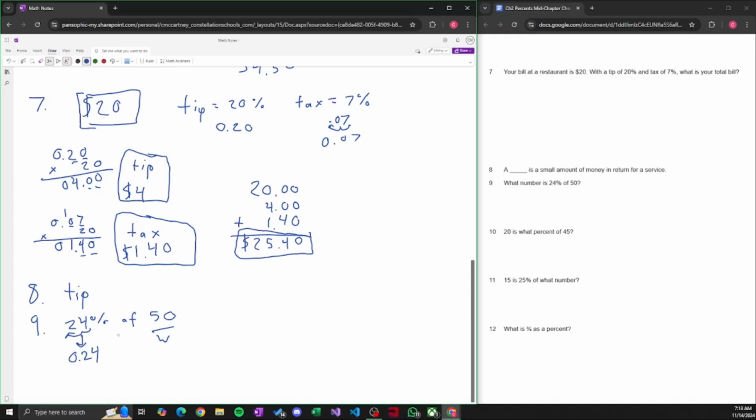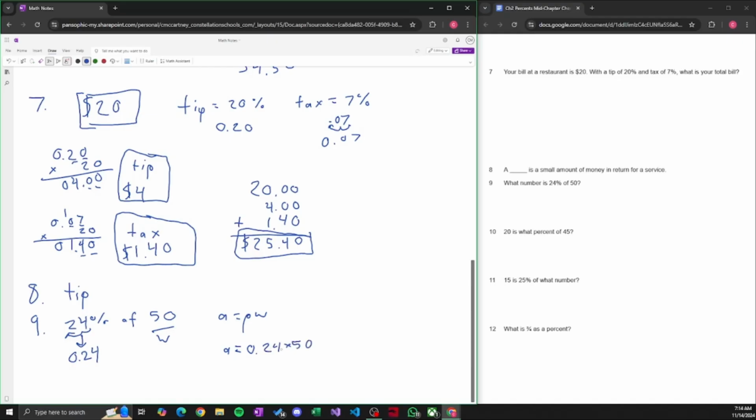If we're following the equation to write the percent of a number, that equation is A equals PW, where A is the part, P is the percent, and W is the whole. So our part we don't know, that's what we're looking for. Our percent is 0.24, and our whole number is 50.